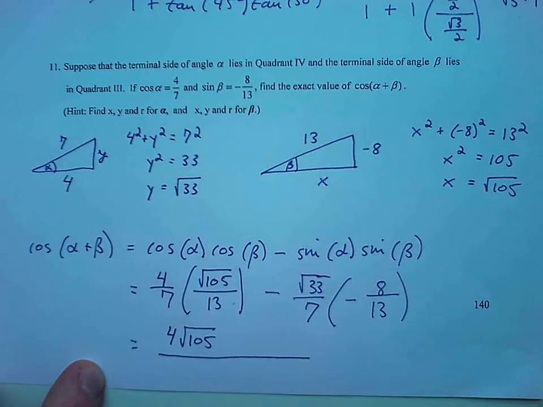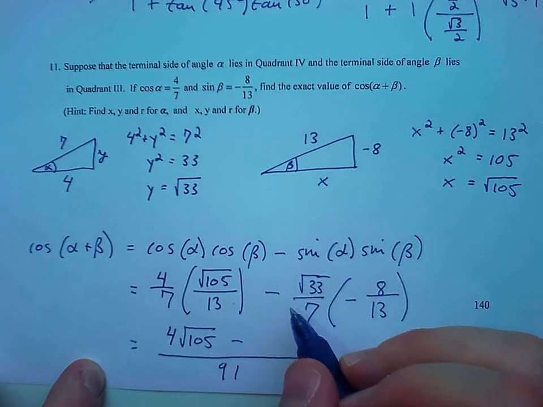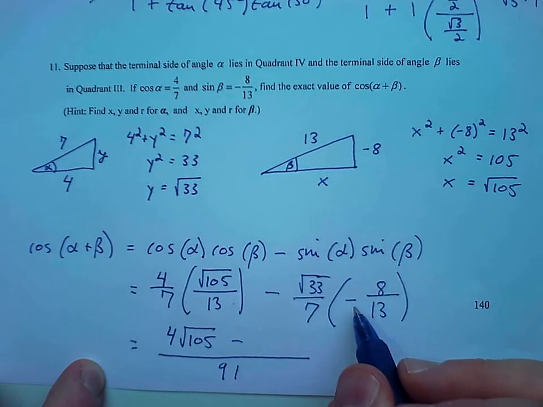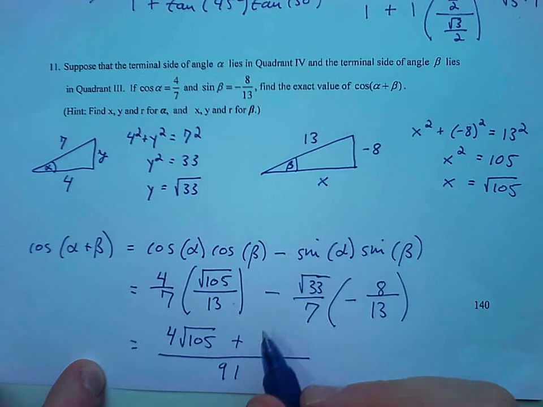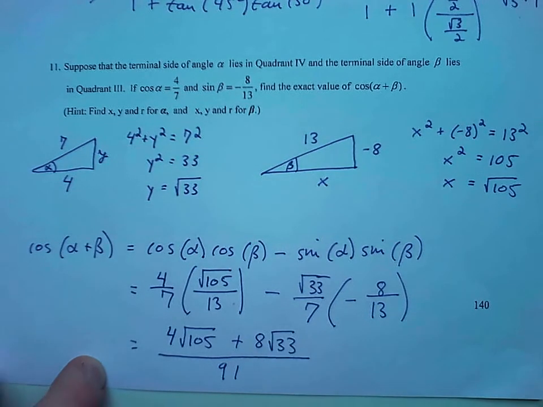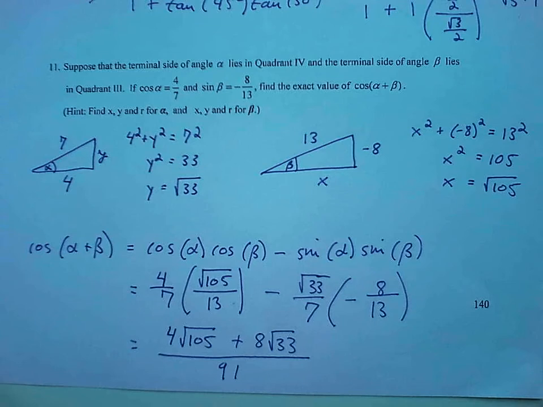We have the same denominator, 7 times 13 is 91. And then here, a minus times a minus becomes a positive, so it's going to become 8 square roots of 33. And we'll leave it as this right here.